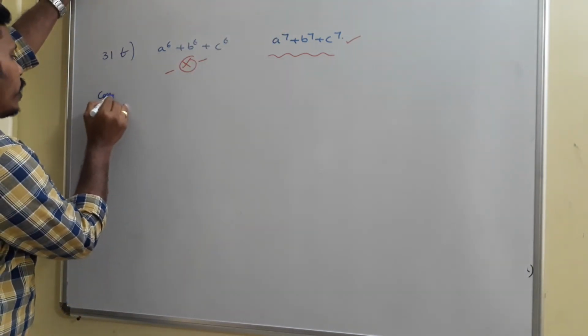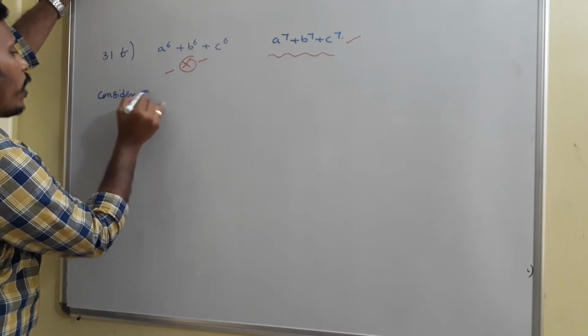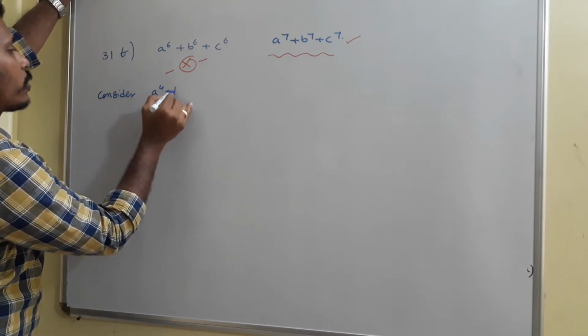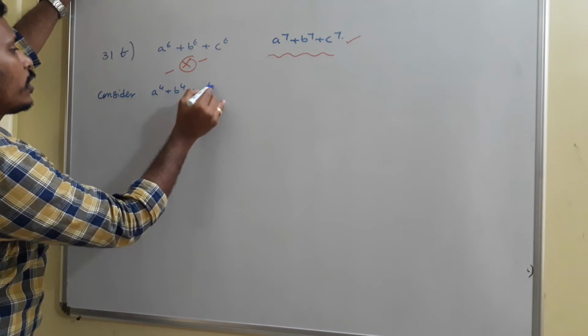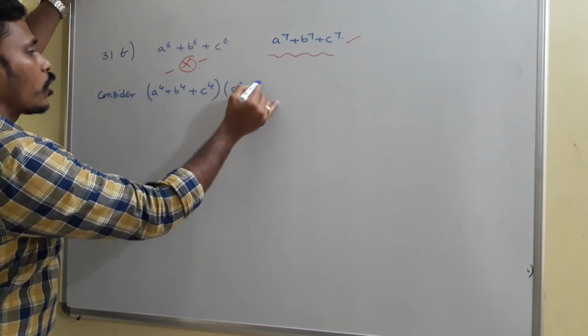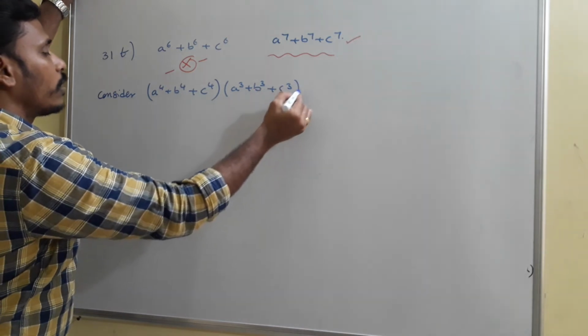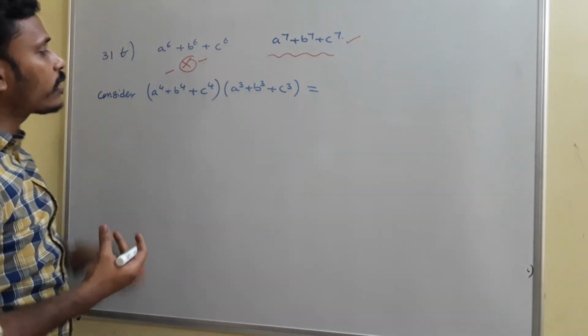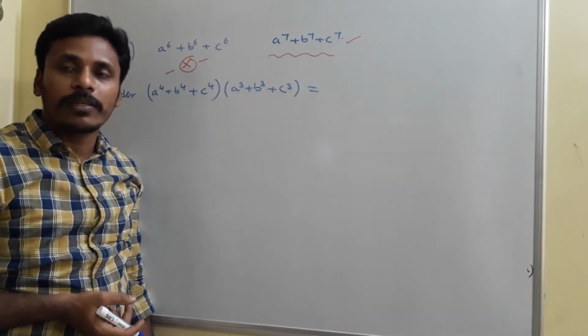Consider a power 4 plus b power 4 plus c power 4 times a cube plus b cube plus c cube. This is equal to, and what is a power 4 plus b power 4 plus c power 4?